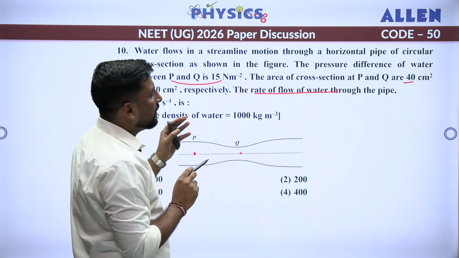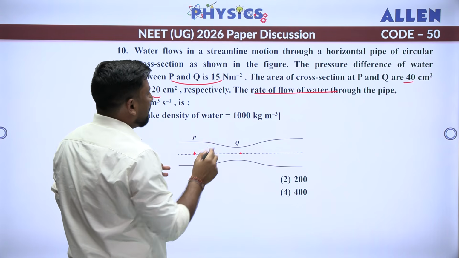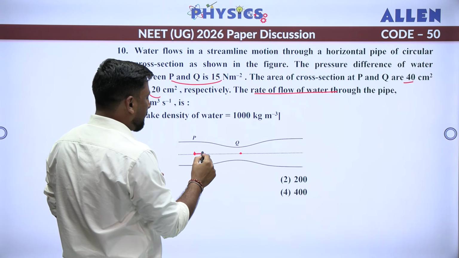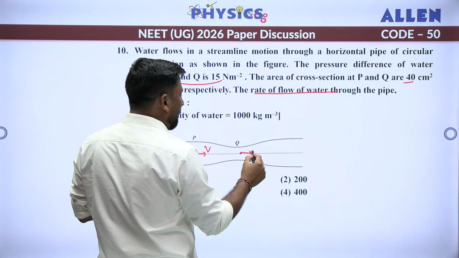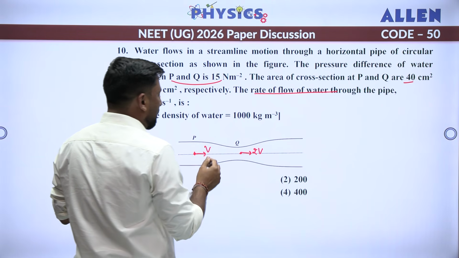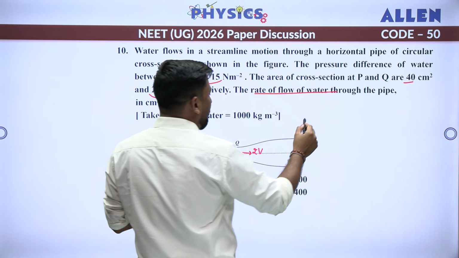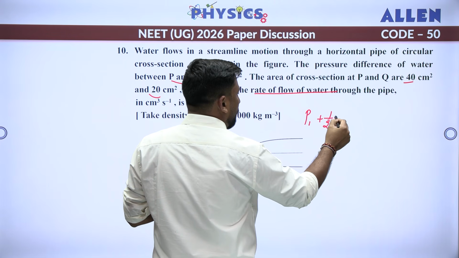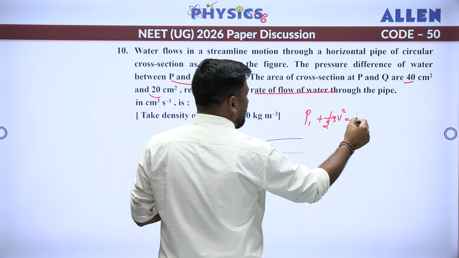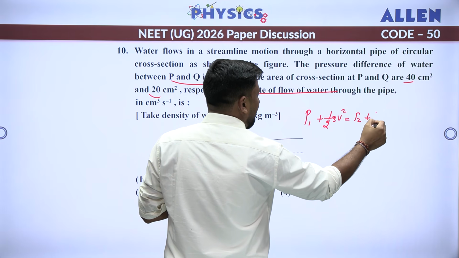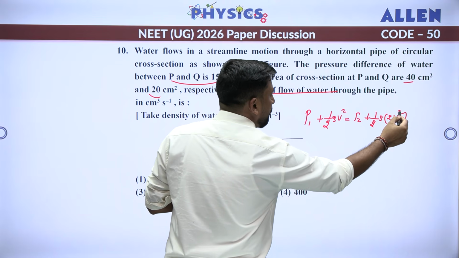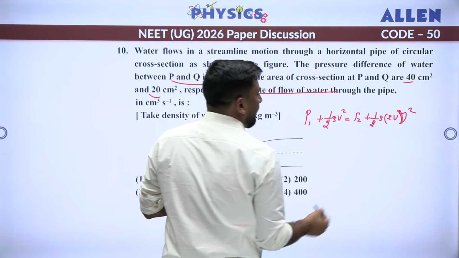Seeing the areas of cross section, the ratio is 2:1. So if the velocity here is V, then here the velocity will be 2V, and the height is the same. So we can say P1 plus 1 by 2 rho V square is equal to P2 plus 1 by 2 rho into 2V whole square.